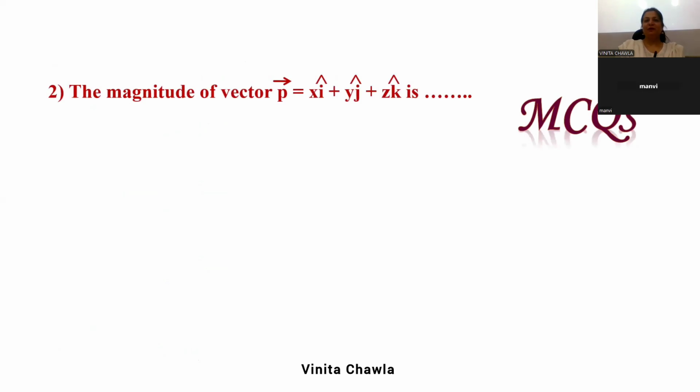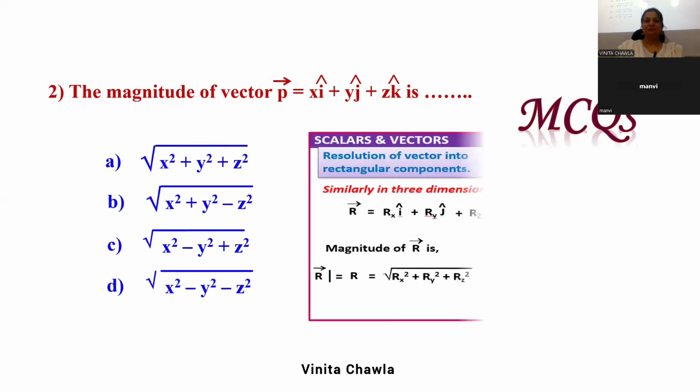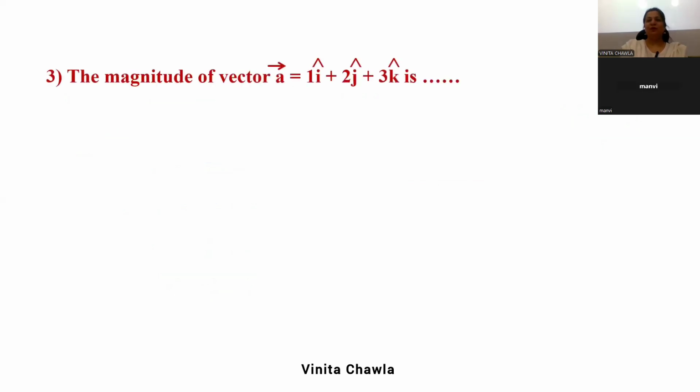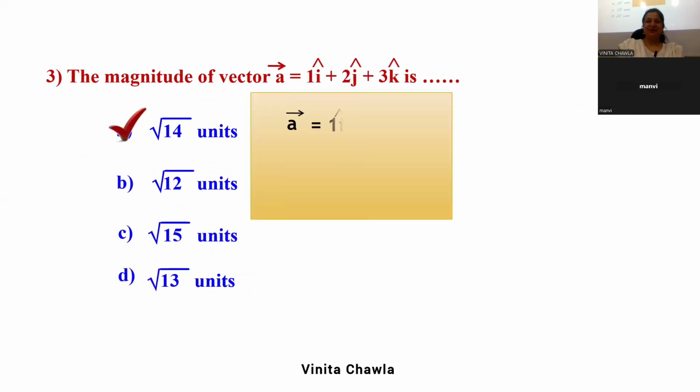The magnitude of vector P is A. Yes. Answer is A. Next question. The magnitude of vector A is, how do we find magnitude?